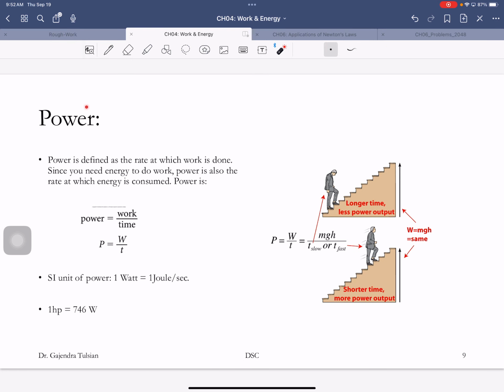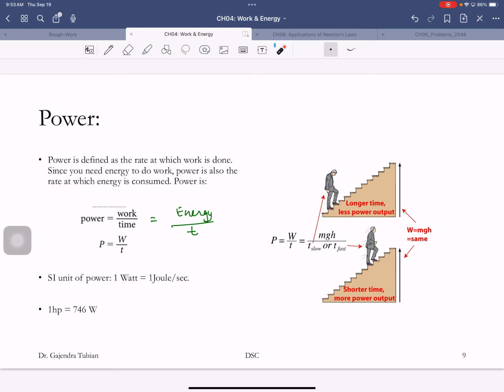Now let's talk about power. Power is work done divided by the time it took to do the work. So if you do a certain amount of work in less time, that means your power is greater. To do work you need energy, so power is also energy divided by time. Power is the rate at which you're consuming energy.